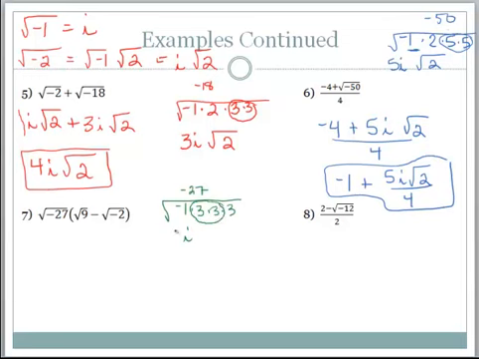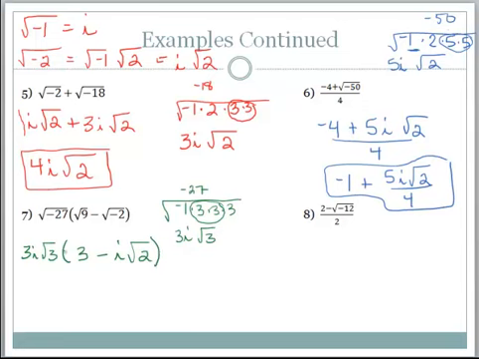These are partnered up, so 3 gets to come out, but this 3 has to stay inside. So we have 3i square root of 3 times, what's the square root of 9? That's 3 minus, and the square root of negative 2 we did right here. It's going to be i square roots of 2.